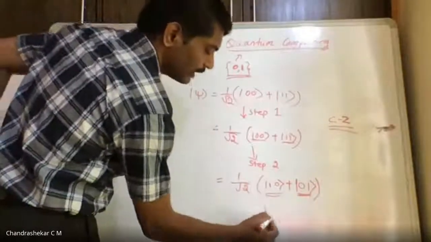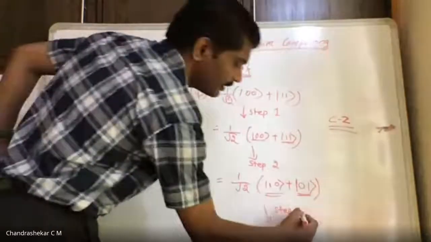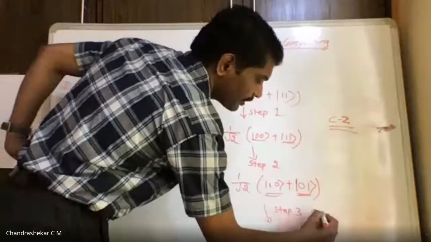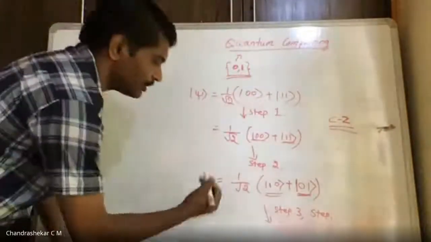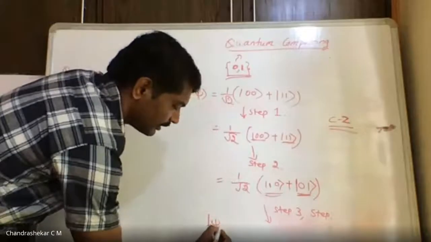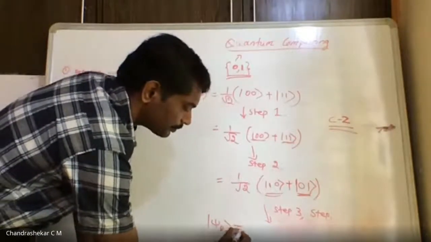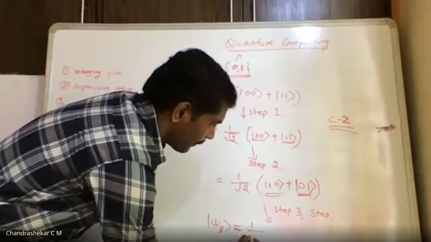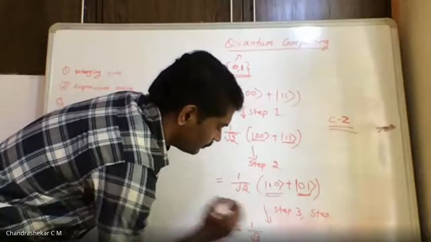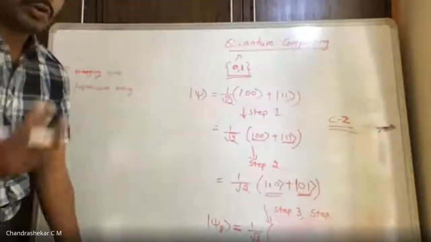So I'm going to write step 3 and step 4. Now it is with Bob, so Alice has nothing to do with it. I'm just going to write psi with Bob. What Bob will do is, from this state, 1 by root 2, he applies a control NOT gate.